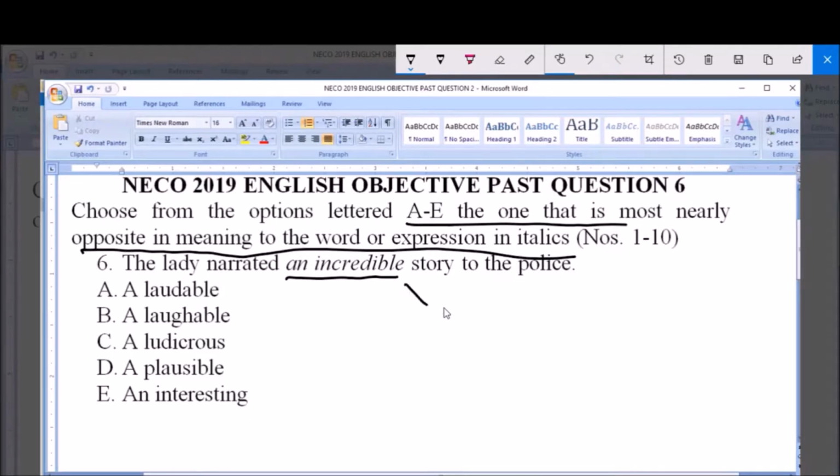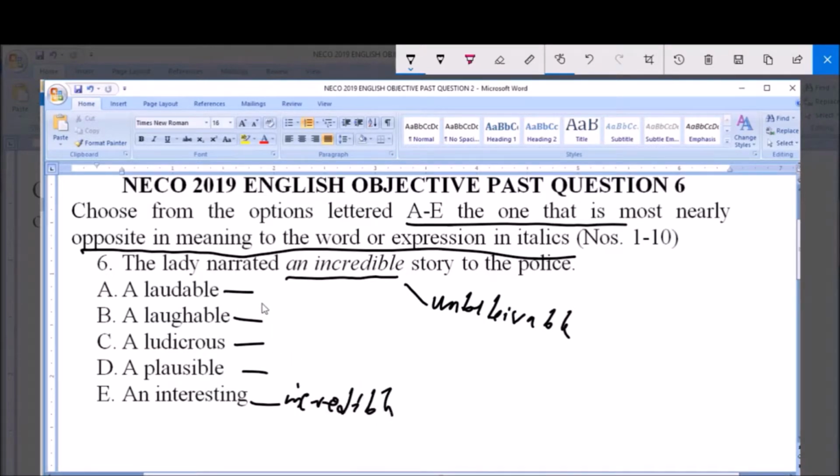When we talk of incredible, it means an unbelievable story. Option A says laudable, B says laughable, C says ludicrous, D says plausible, E says an interesting story. A story that is interesting is not the same thing as incredible.